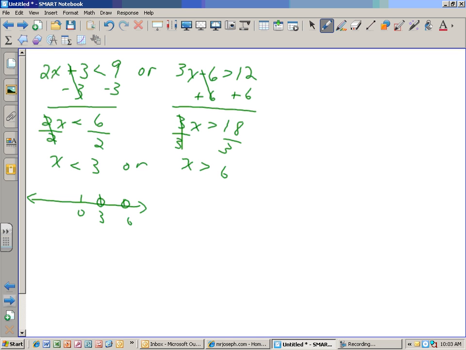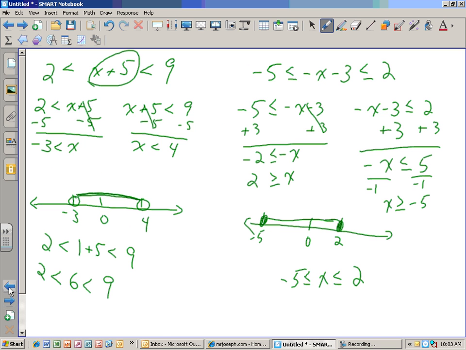This tells me I want all values less than 3, and I can put an arrow here, or values greater than 6. And you cannot write that as we did the other one. You can't write that in this form.